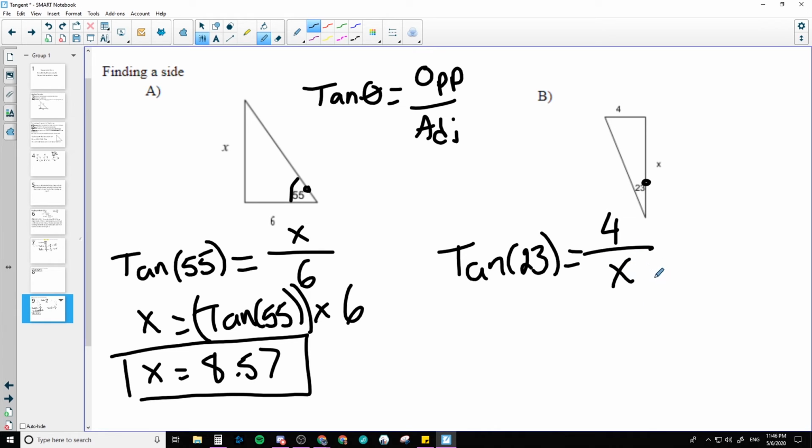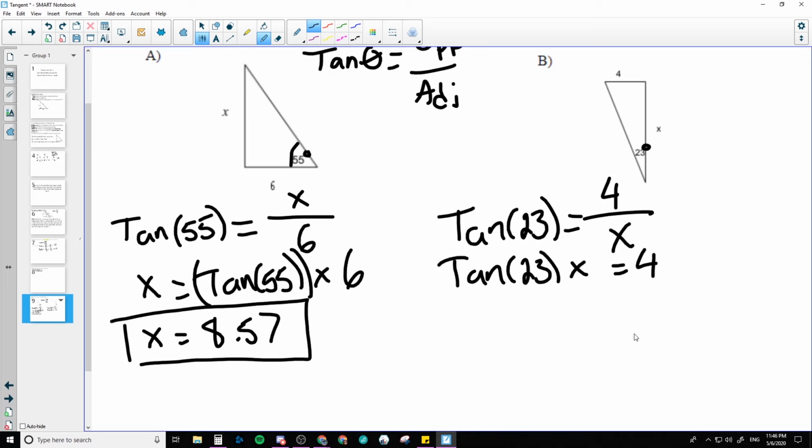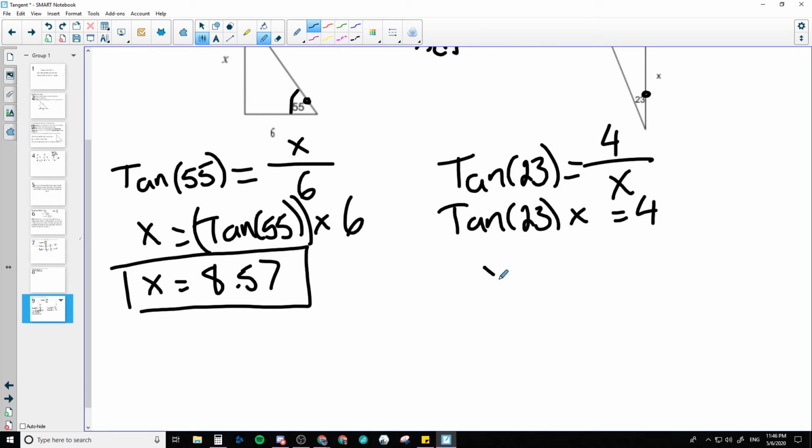So what we're going to do is multiply x over to this side. We end up with tan 23 x equals 4. And then we're going to divide both by tangent of 23. So we get x equals 4 divided by the tangent of 23 degrees.